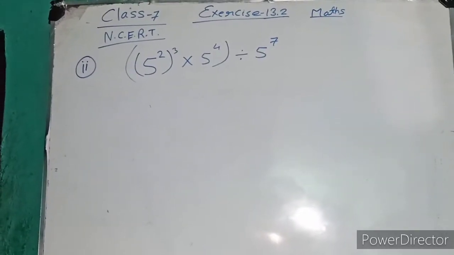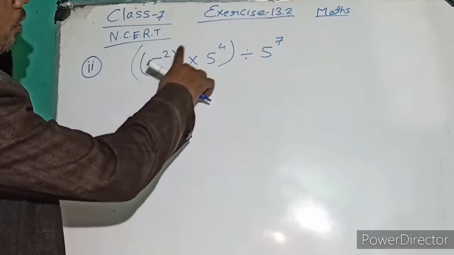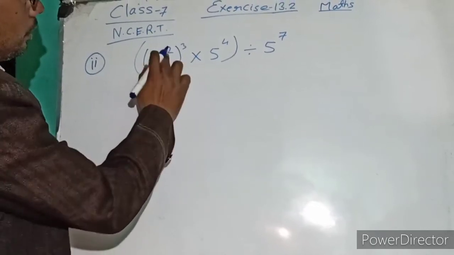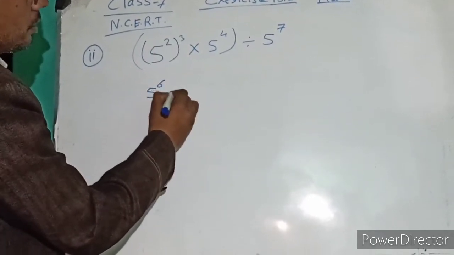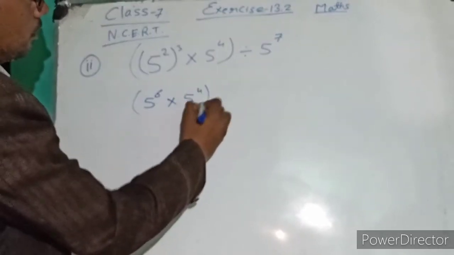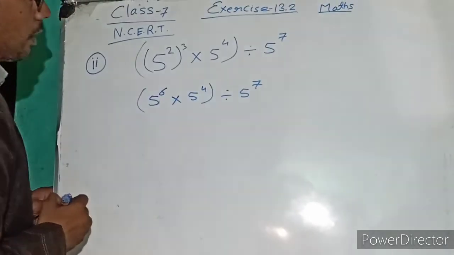Now take question number 2. In this question we have a power of a power. So first of all we will multiply the powers: 2 3s are 6. 5 raised to the power 4 divided by 5 raised to the power 7.